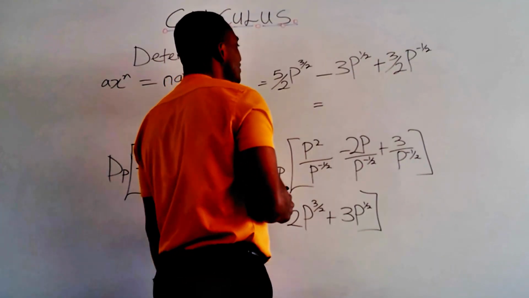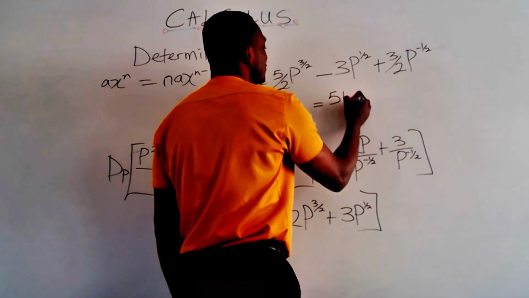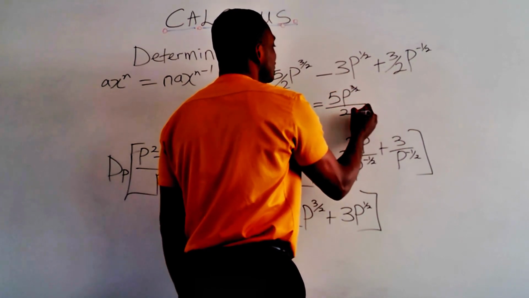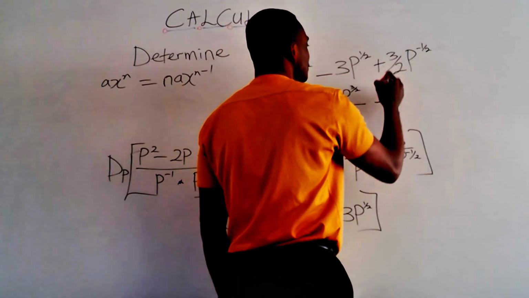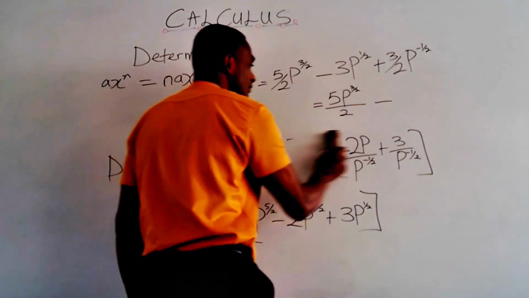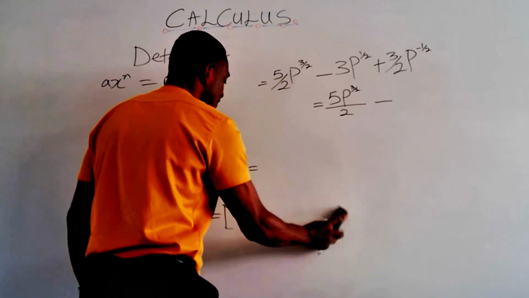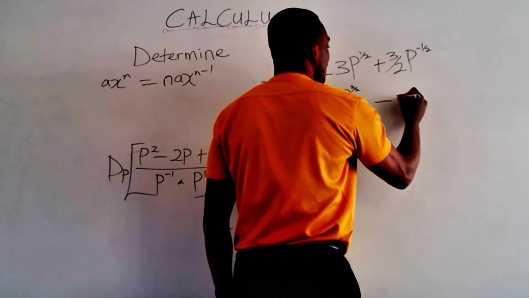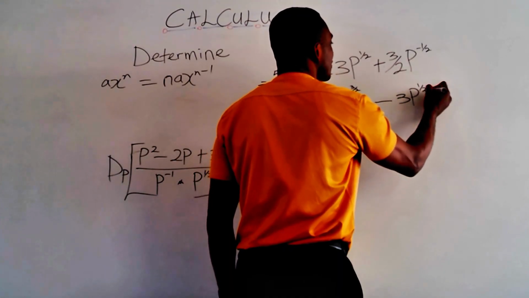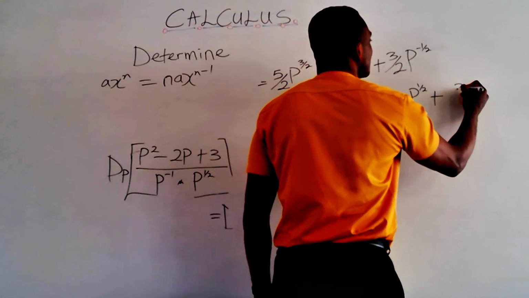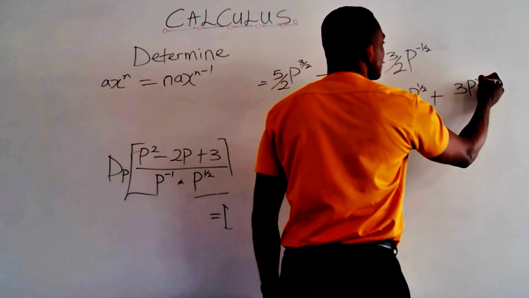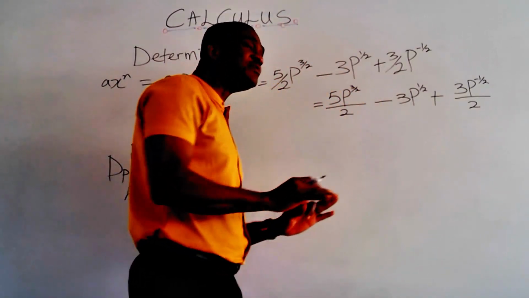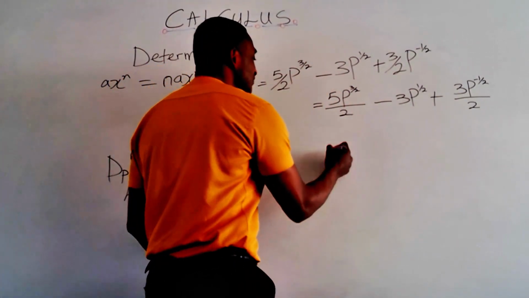We can decide to rewrite it with positive exponents or as roots. So we have this minus 3p to the power of half plus 3p to the power of negative half over 2. Now let's rewrite this, put them in root form and also present them as positive exponents.